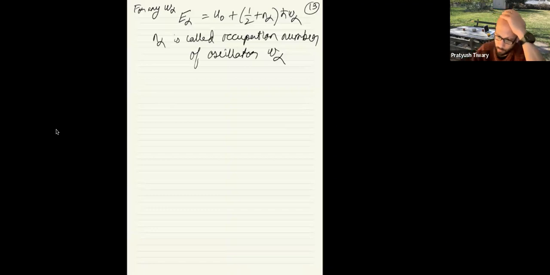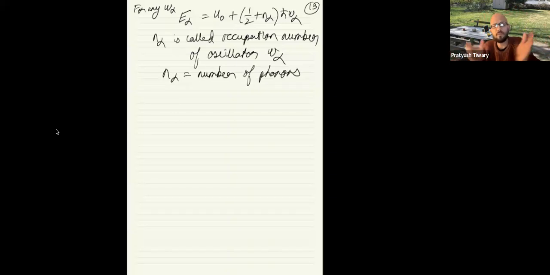And now comes the concept of phonon. N alpha is also known as the number of phonons. So what is a phonon? A phonon denotes quantization of the vibration energy of a crystal. So in omega alpha, if the system was in ground state and N alpha was equal to 0, and really, I'm not here to teach you about phonons.